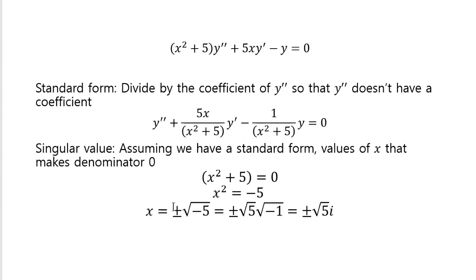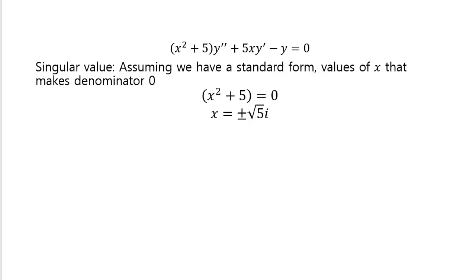When you take the square root, you better have plus or minus, and the square root of negative 5 can be broken as square root of 5 times square root of negative 1. This is what we call the imaginary number. We write it as i, and if you're an engineer, you would write it as j. So that's it. These are the singular values of this differential equation.